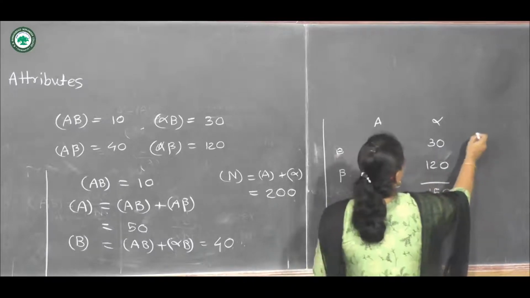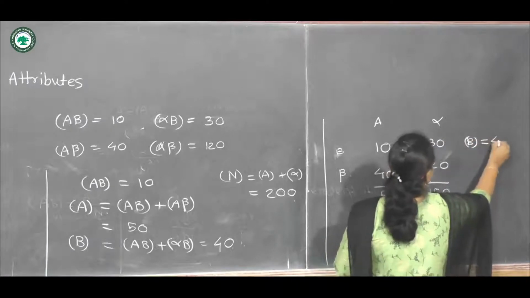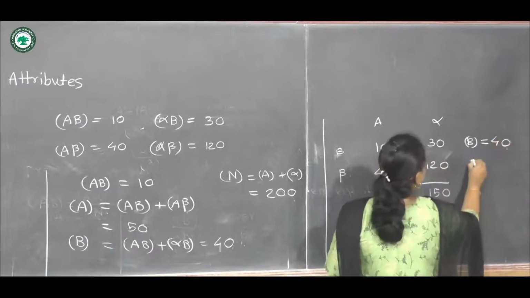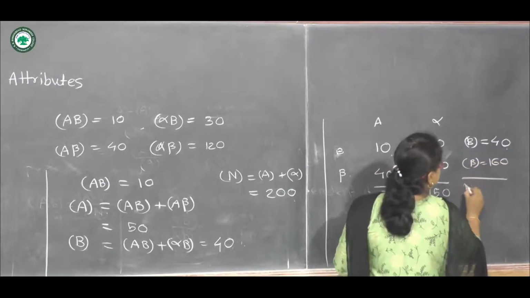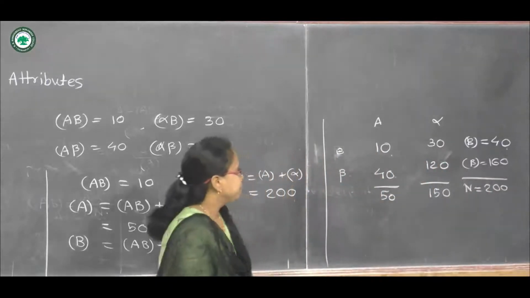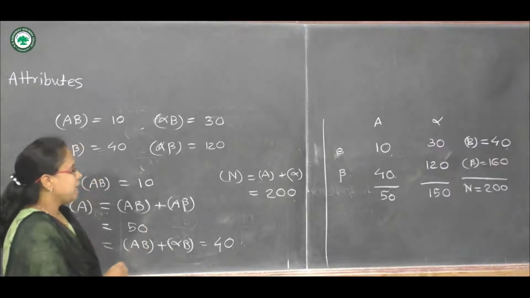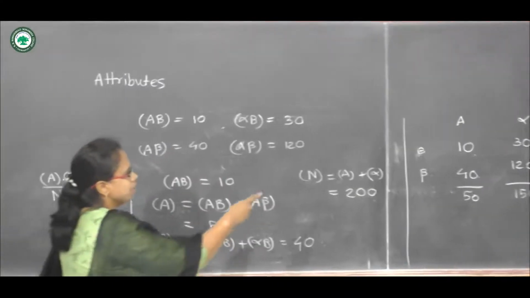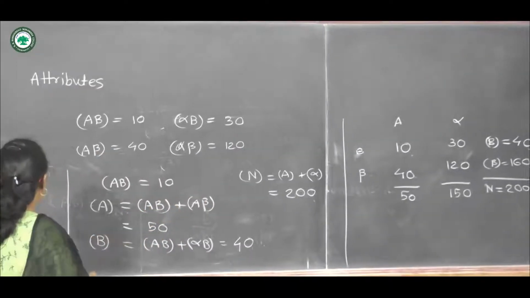Again for the attribute B, the frequency of B is 40 and the frequency of beta is 160. On both sides we can see that the total frequency is 200. It is better to make this table for calculation purposes. This is the table which shows that the total frequency is 200.